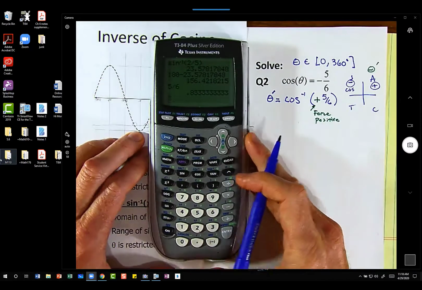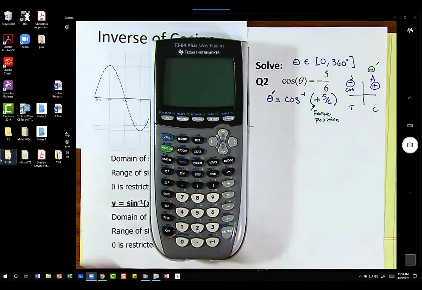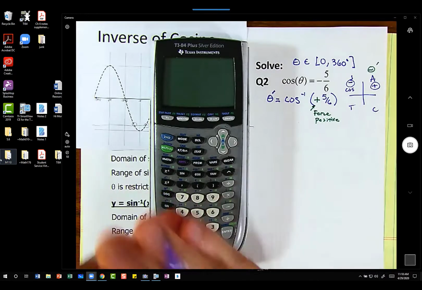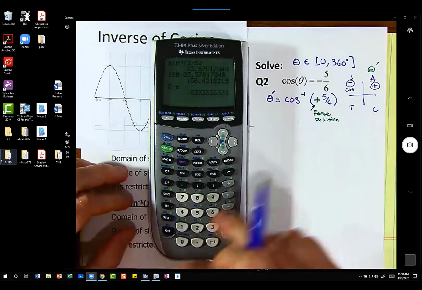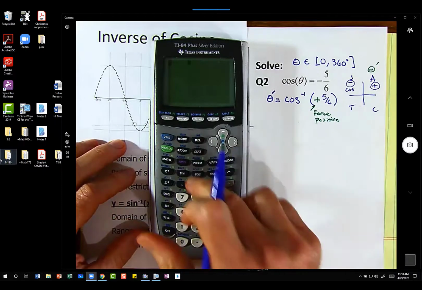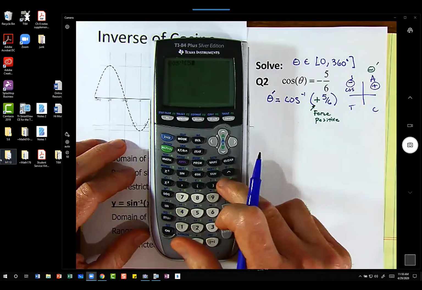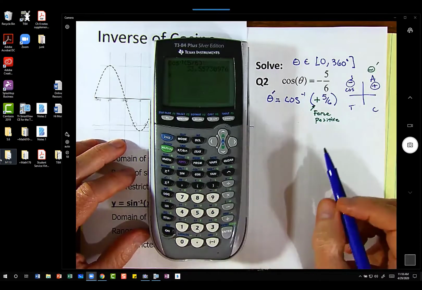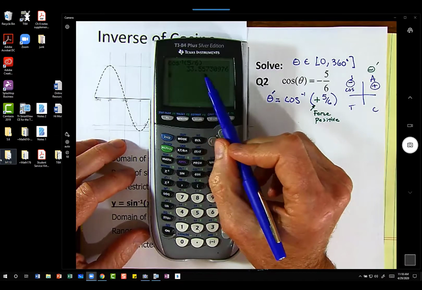And that's really the technique that works all the time for sine inverse, cosine inverse, tan inverse, is to always get the reference angle. So I do cosine inverse of 5 divided by 6, and I get 33.55 degrees.